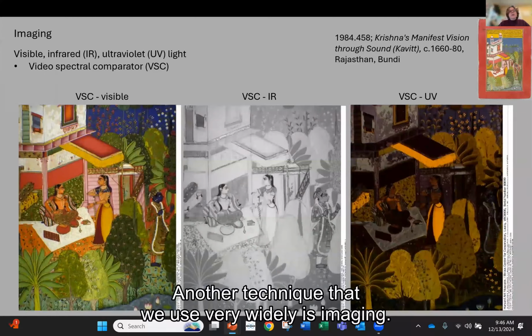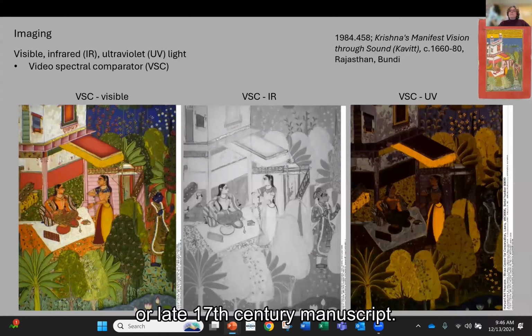Another technique that we use very widely is imaging. This is used in a variety of museums. I've shown here some of the images we can obtain within the Harvard Art Museums using a video spectral comparator. You can see here visible, infrared and ultraviolet images of the same area of a late 17th century manuscript.